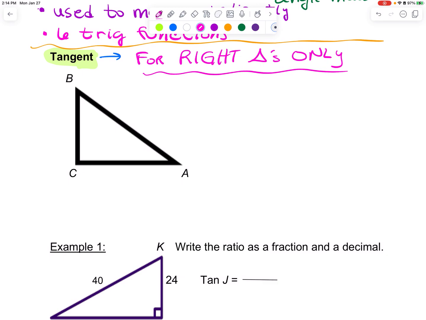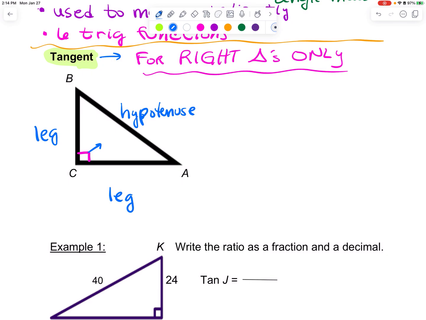So let's start talking about our right triangle. We know we have a right angle here. And as you know, we have 2 legs of a triangle, and the right angle always points to the hypotenuse. Now, how do I determine which leg is which?